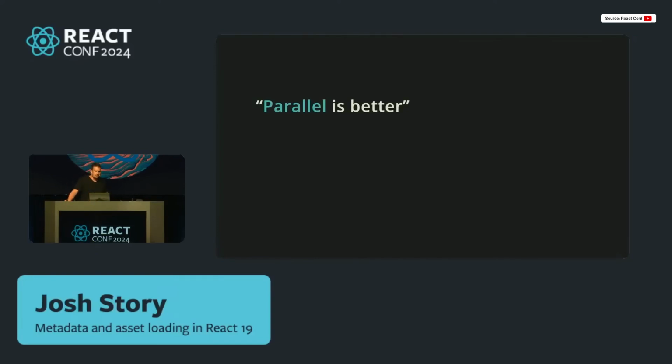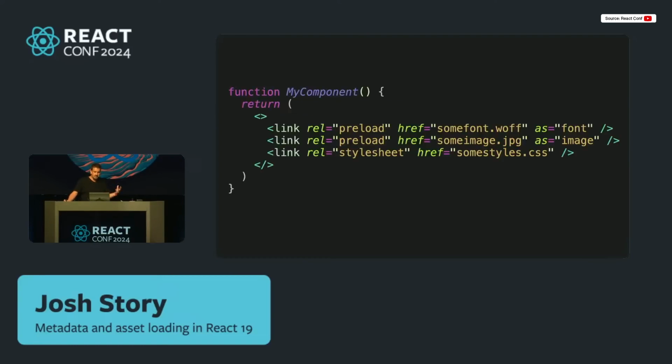Another consideration for loading quickly is to eliminate waterfalls. Imagine you have a style sheet that uses a font and has a background image embedded within it. These resources aren't represented in the HTML directly, and so the browser's not going to know about them until after the style sheet's loaded. We can provide a hint to the browser by rendering preload tags.